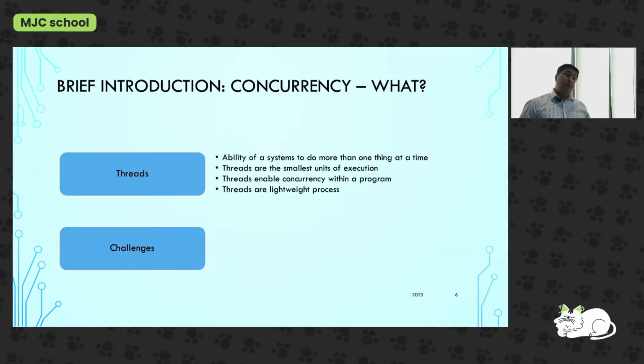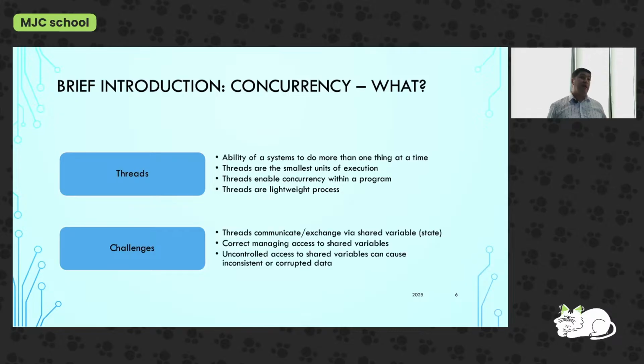Okay, we have threads as the fundamental entity in Java concurrency. At the same time, we have challenges when programming with threads. As you all know, a thread is a lightweight process, a unit of execution for concurrent code.